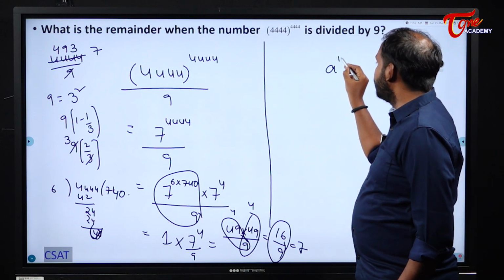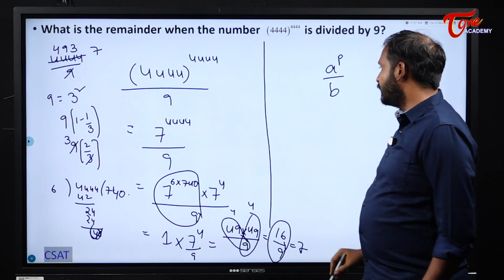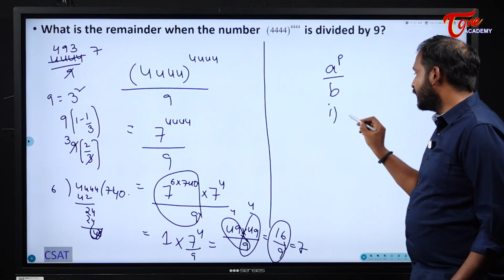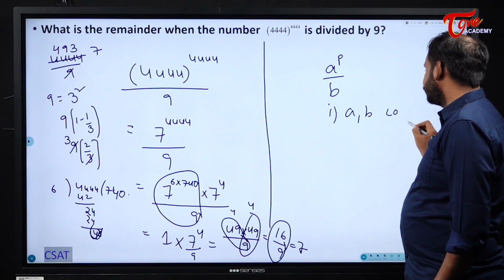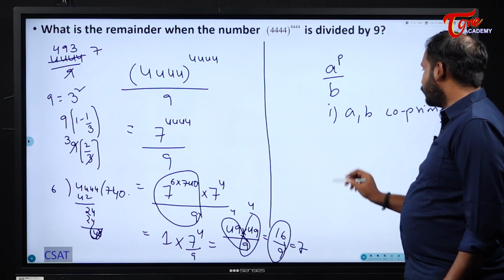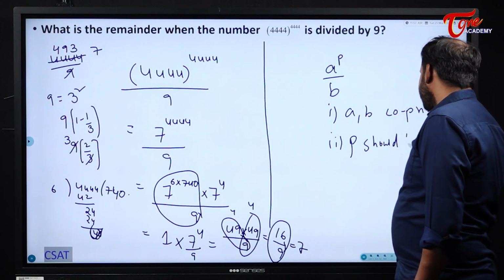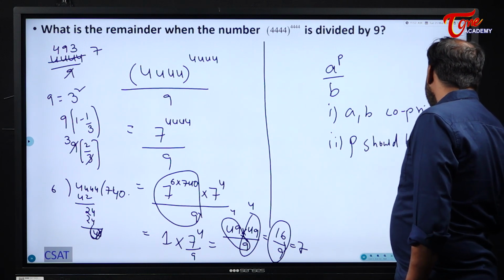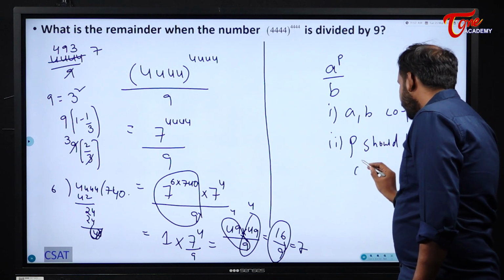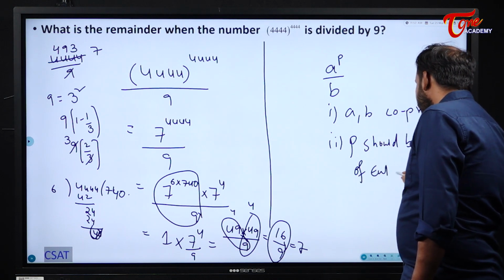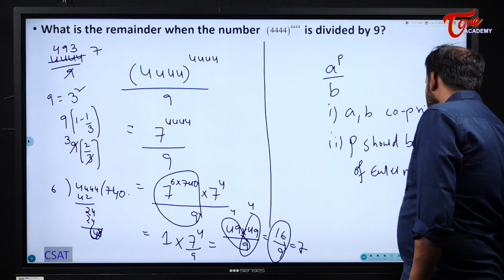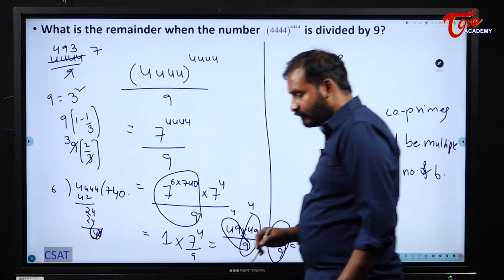A to the power of p by b, already I have written, but once again I am writing. The first rule is a comma b should be coprimes, and the second one is p should be a multiple of Euler number of b.